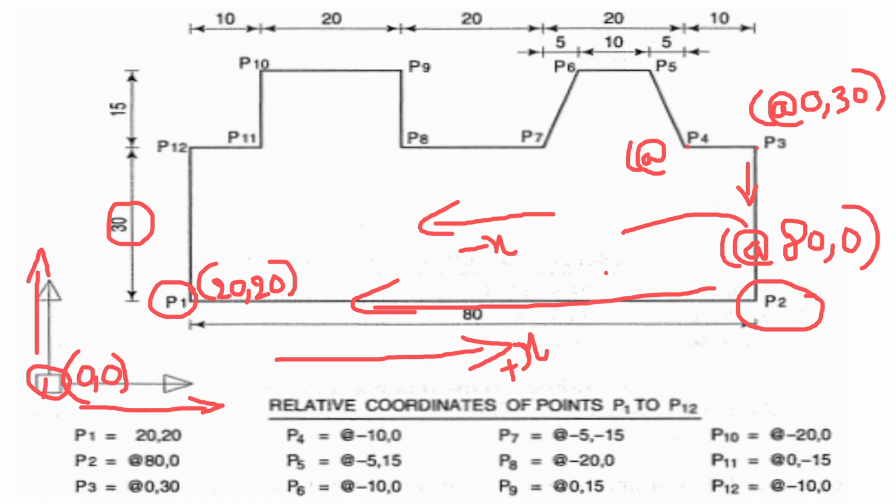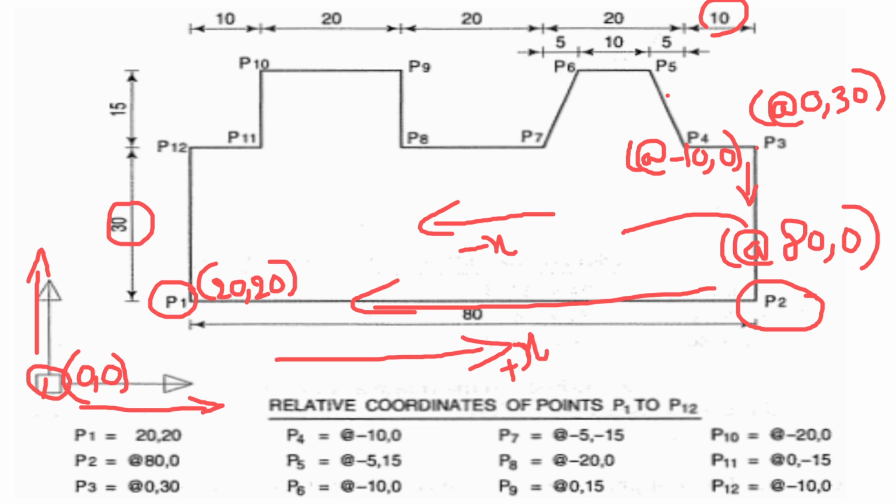For that reason, I need to represent my x value, which from P3 to P4 is 10, as minus 10. There is no y value between P3 and P4, so I will denote it as 0. This is the way we need to represent it.